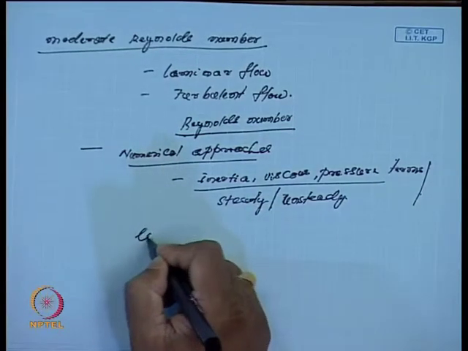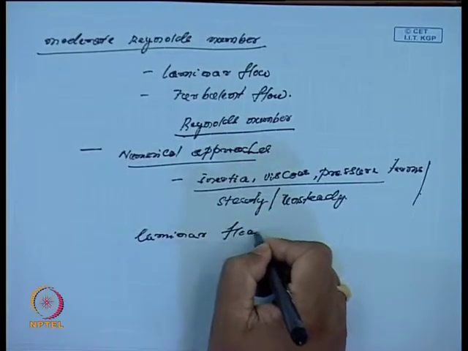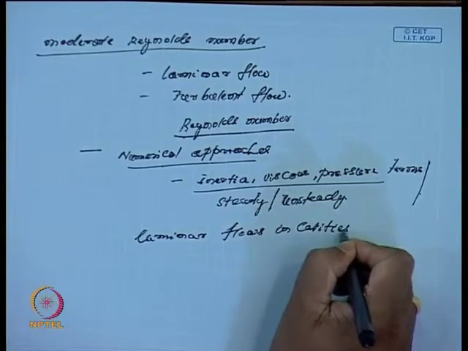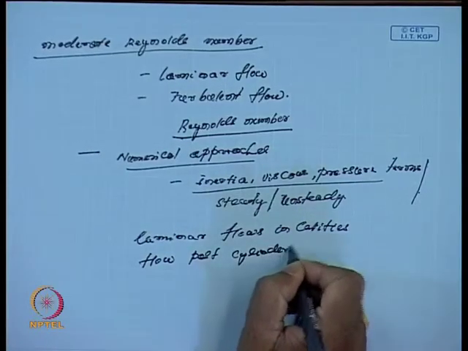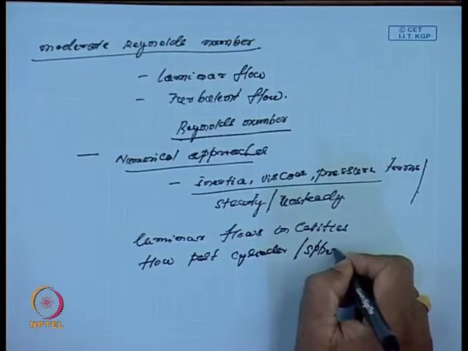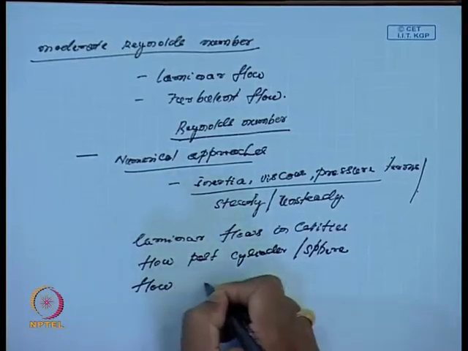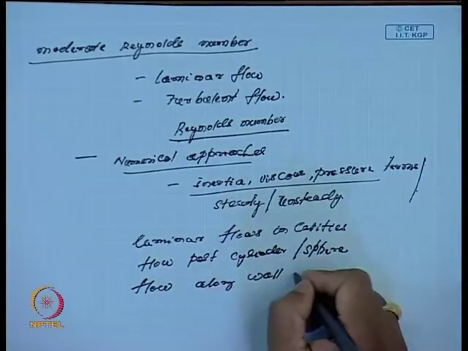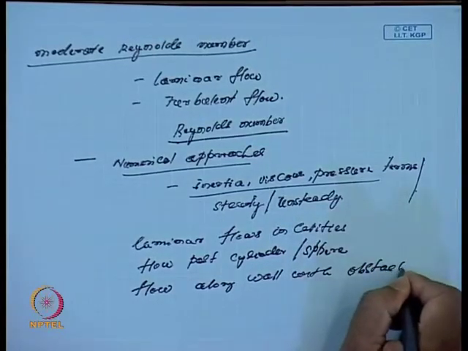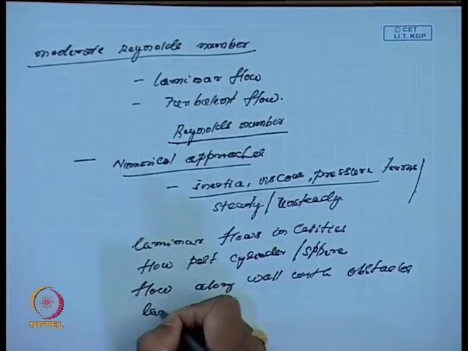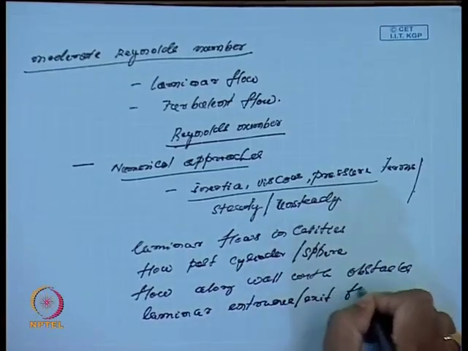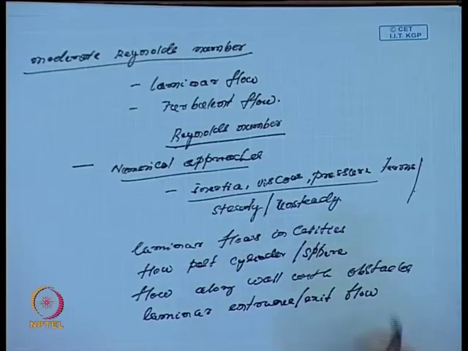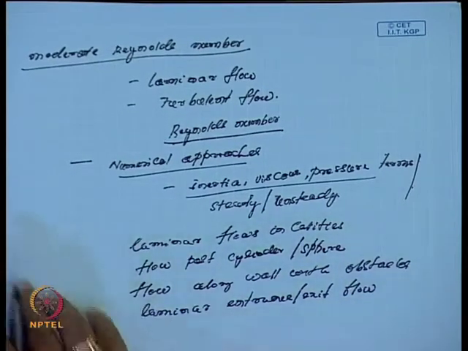Particularly if I look into laminar flows in cavities, flow past a cylinder, sphere, flow along walls with obstacle, laminar entrance or exit flow, and more importantly entrance and exit flow near a sluice gate, where the gates control the flow.